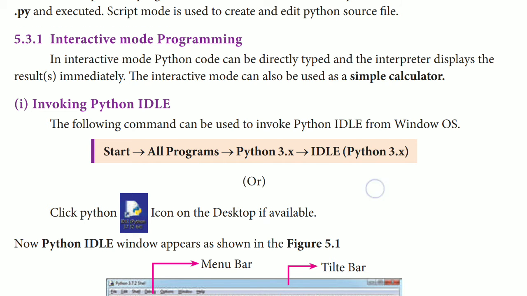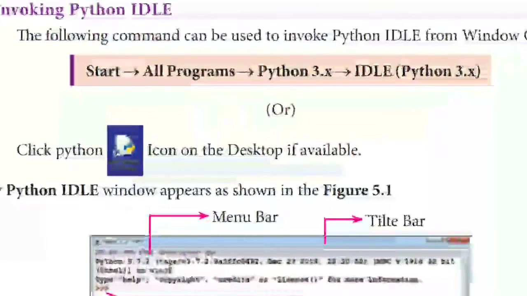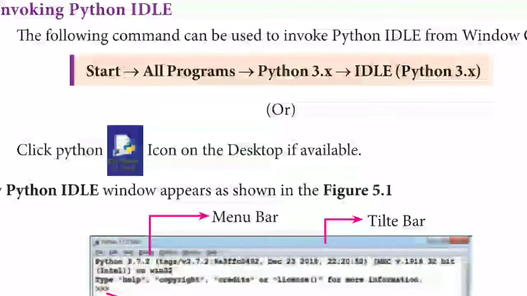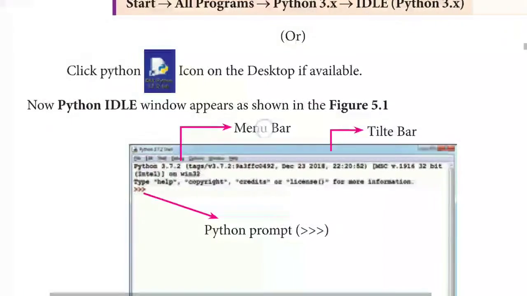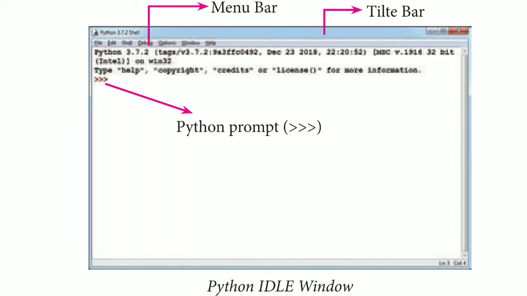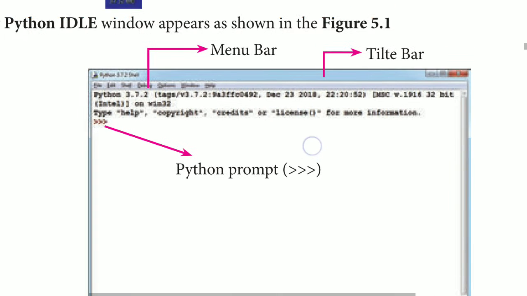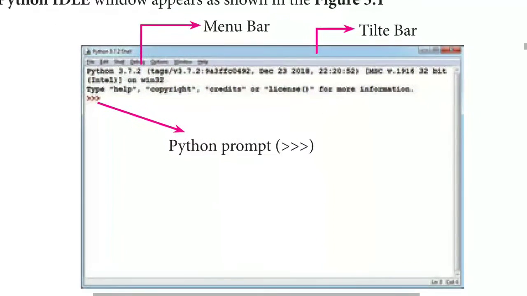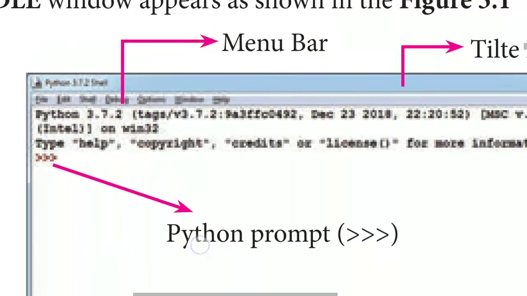You can also see a desktop shortcut available on the desktop, so you can just double click. Here you can see the opening screen of the IDLE software, which provides the command prompt like this.